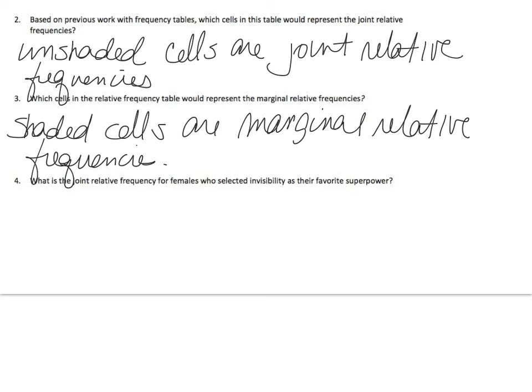What is the joint relative frequency for females who selected invisibility as their favorite superpower? At this point, we're going to look at just the cell. We're looking at females for invisibility. The joint relative frequency we actually calculated as 0.107 or 10.7%. And that was their favorite superpower was invisibility.